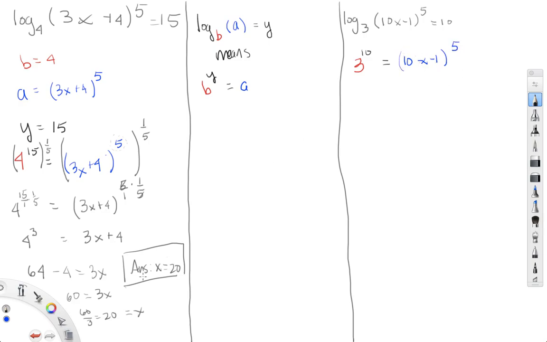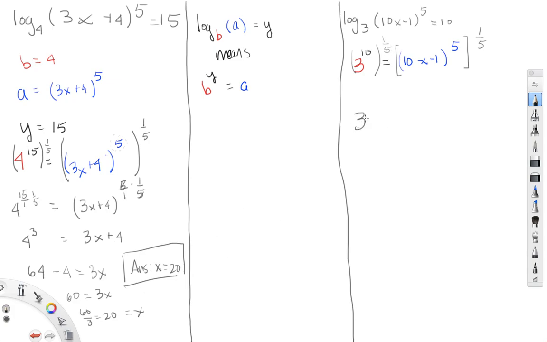So now again, I'm going to look at this side, and since this has the variable, I'm going to raise this side to the 1/5 power, because then I will get this expression with an exponent of 1, which will allow me to solve for x.